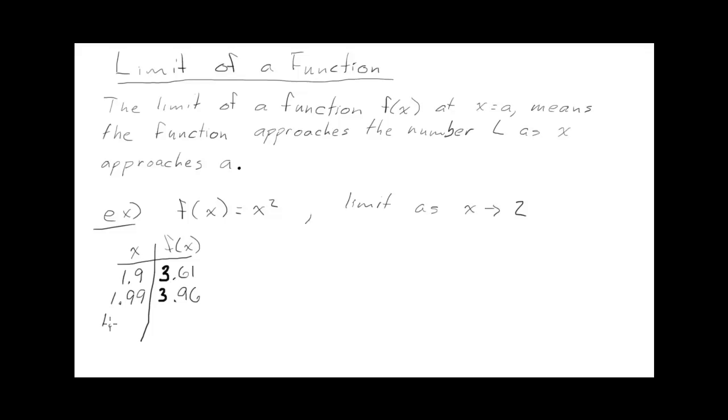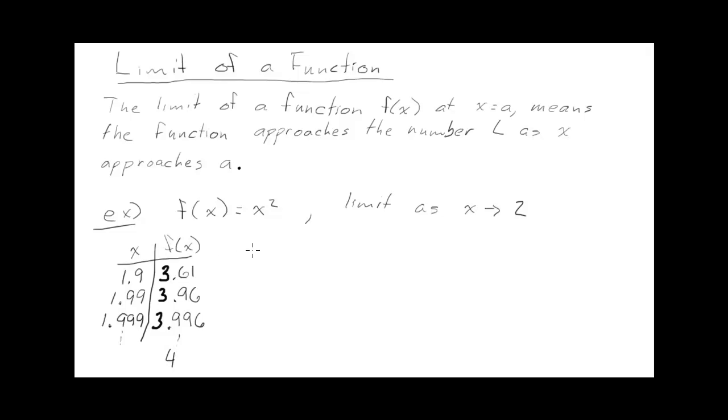We can even do better. 1.999, even closer, and f at x would be 3.996. You can keep going, more and more nines, closer and closer. You probably see that this is getting closer and closer to the number 4. As long as we don't let x go all the way to 2, it's never going to quite be 4, but it's going to get close to 4.